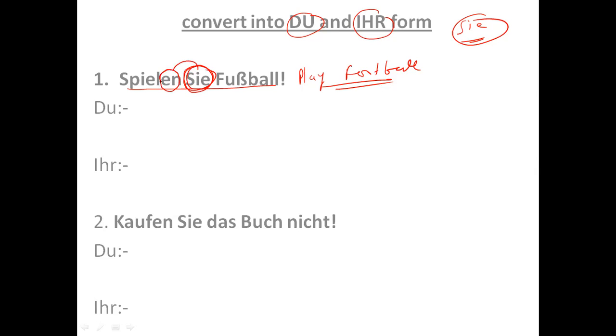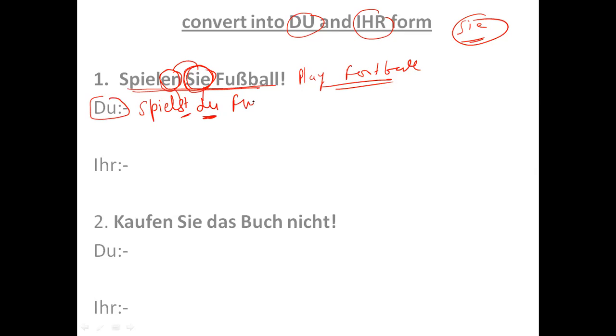So this question will be given to you. Sie form will be given to you. "Spielen Sie Fußball." Now I need to change it into du. So this Sie will become du, and this -en shall become -st. So "spielst". This was the basic rule which we have been doing from level 1.